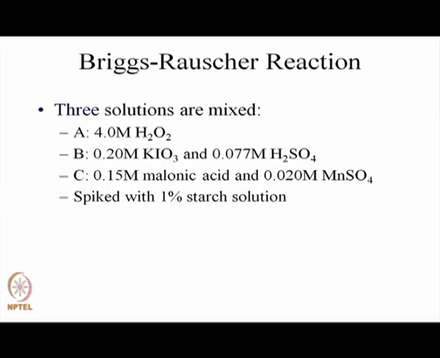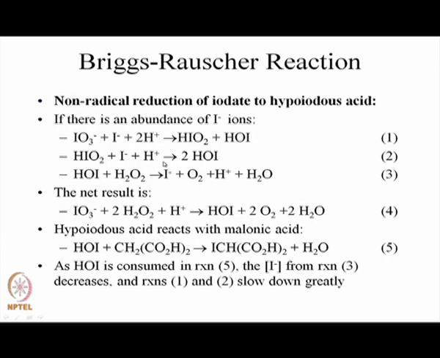And there is another reaction, the Briggs-Rauscher reaction. That is also an oscillatory reaction, and we have discussed that in both cases, the BR as well as the BZ reaction, there is a free radical step and a non-free radical step.